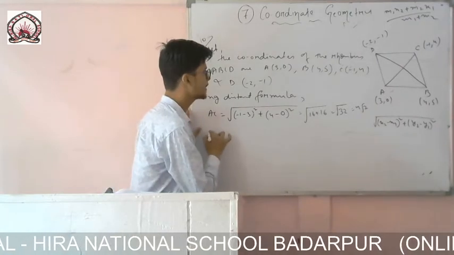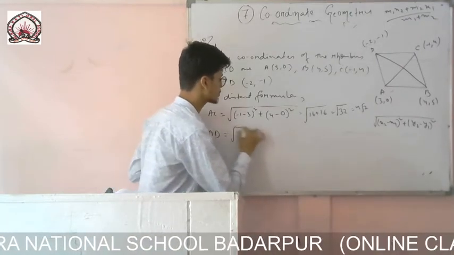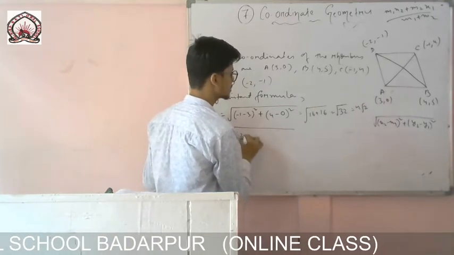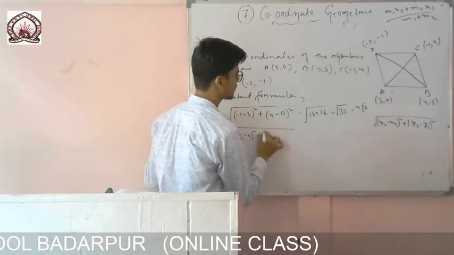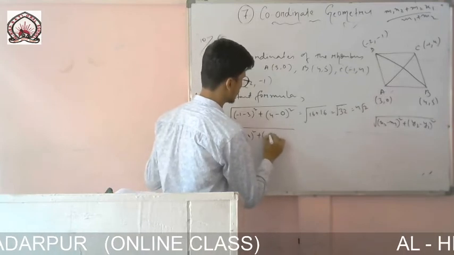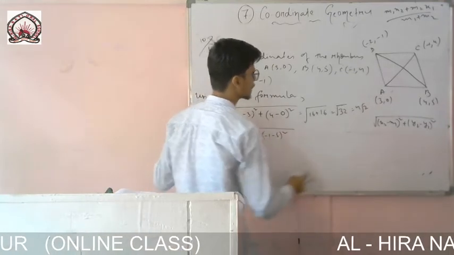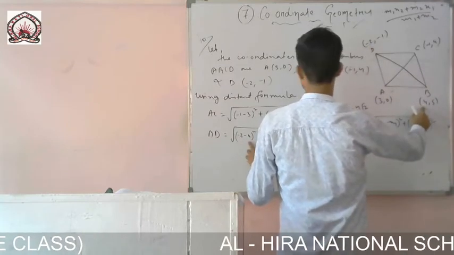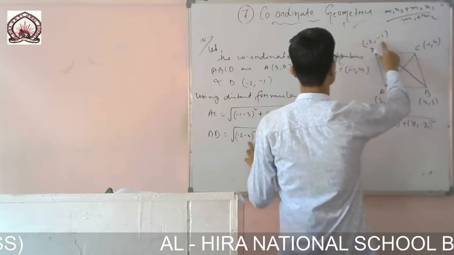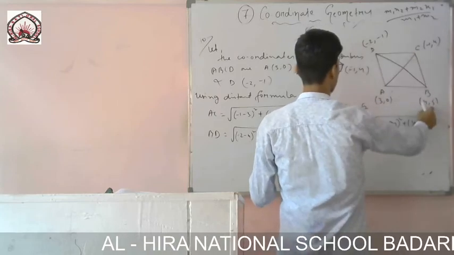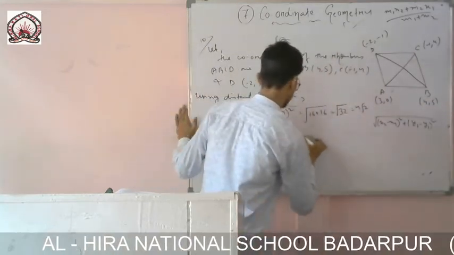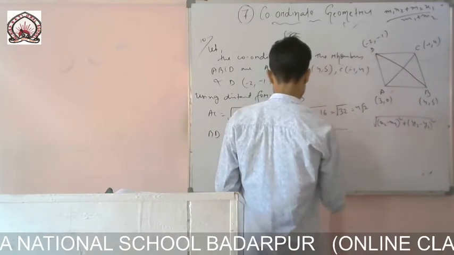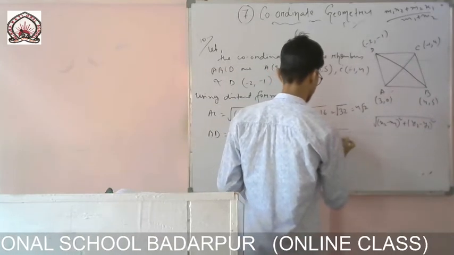Now I will find BD. BD will be equal to root over (x2 minus x1) whole square plus (y2 minus y1) whole square, that is (-2 minus 4) whole square plus (-1 minus 5) whole square. The values are -6 squared, which is 36, and again -6 squared, which is 36.